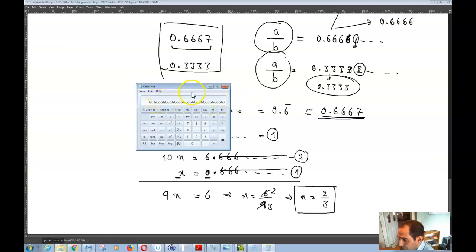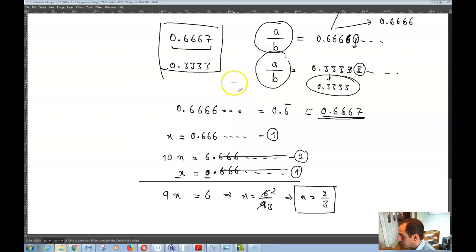So that's basically the whole story here. So this number is 2/3. This number is simply 2/3.